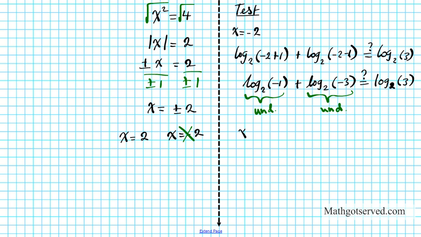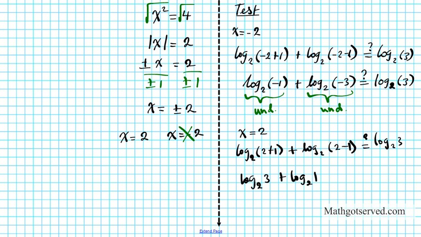All right, now let's test the next value, x equals 2. So the question is log base 2 of 2 plus 1 plus log base 2 of 2 minus 1, is it equal to log base 2 of 3? In this case, we have log base 2 of 3 plus log base 2 of 1.